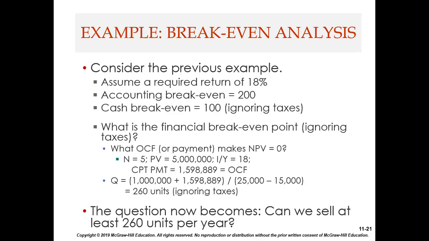We would take our depreciation of 1 million plus the operating cash flow of 1,598,889 and divide that by the contribution margin per unit, or selling price minus variable cost, 20,000, and it would be 260 units. So now the question becomes, can we sell at least 260 units per year? Remember, that will give us an 18% required return on this investment, because that's where we want to be.